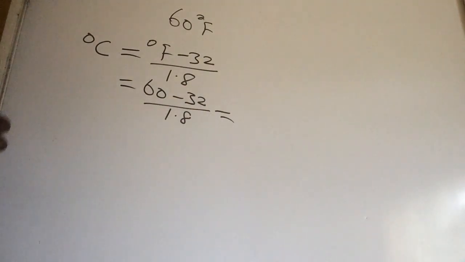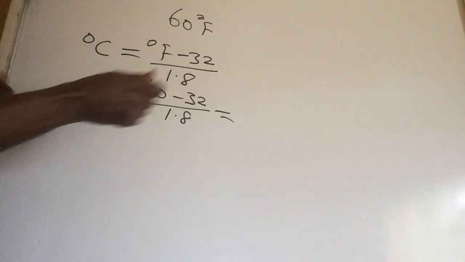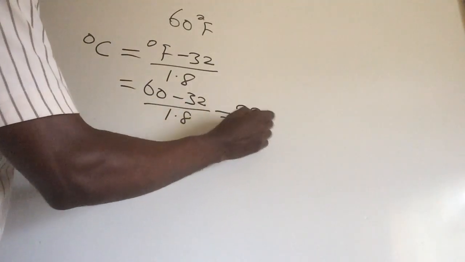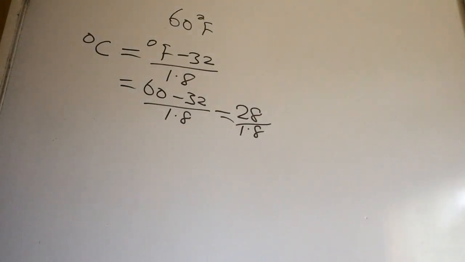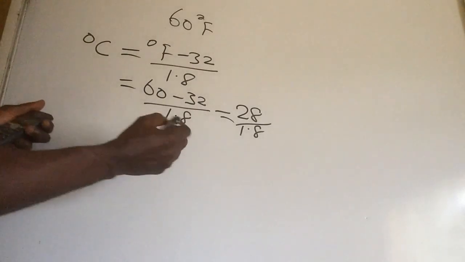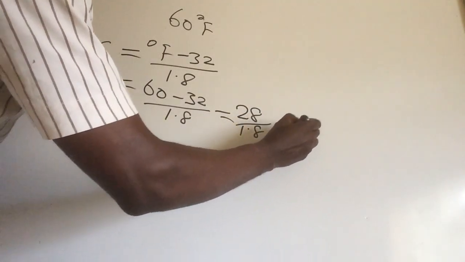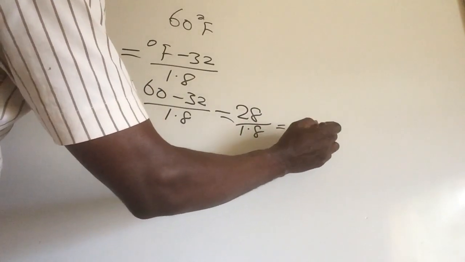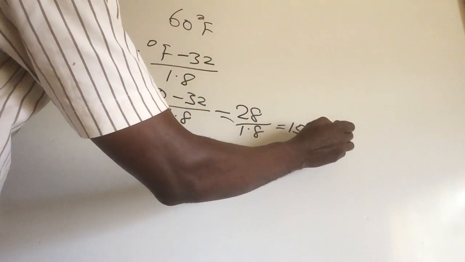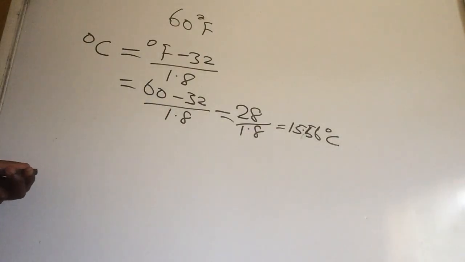When you subtract 60 minus 32, it will give you 28 all over 1.8. And when you divide by 1.8 with your calculator, we have 15.556 degrees Celsius approximately. So that is that.